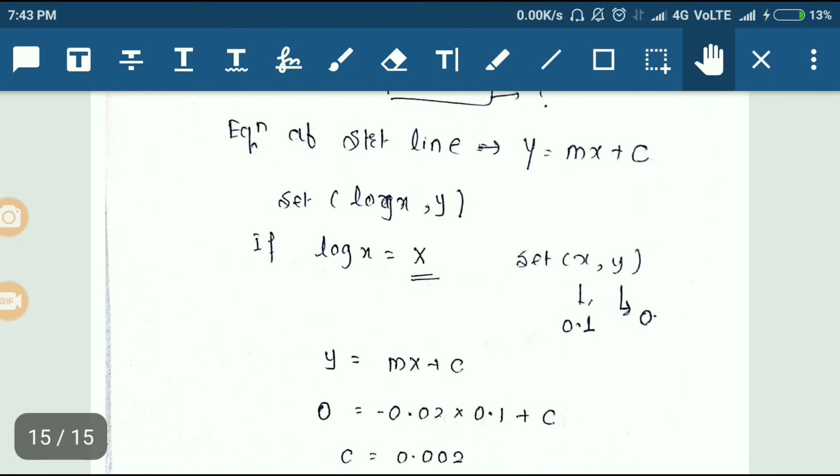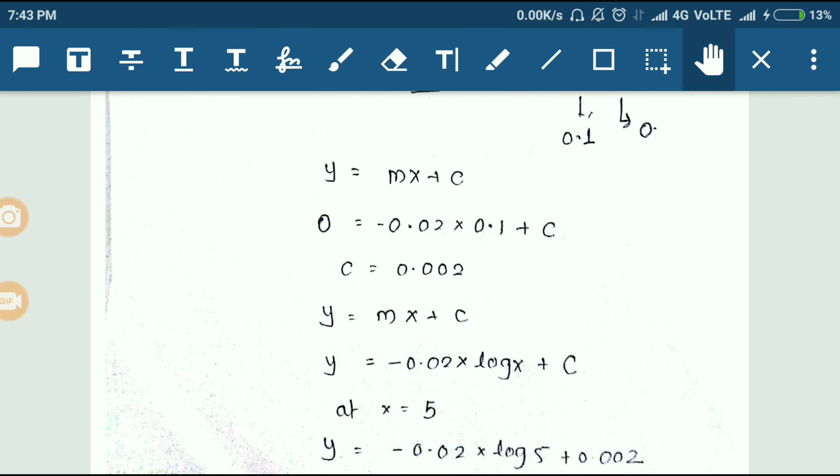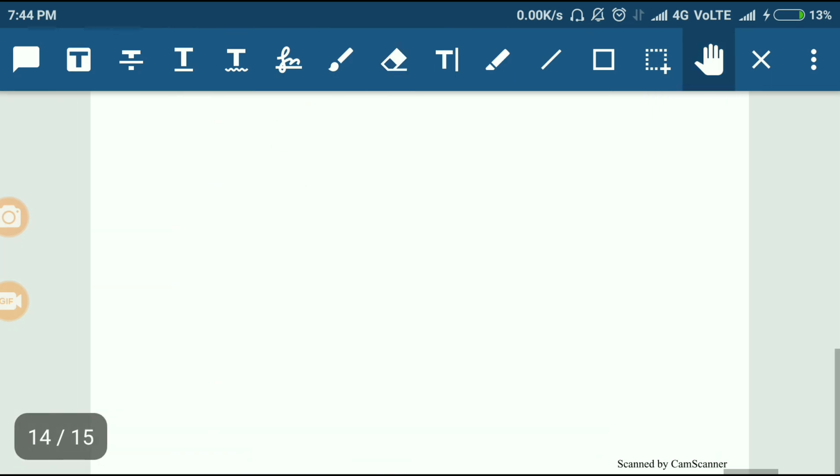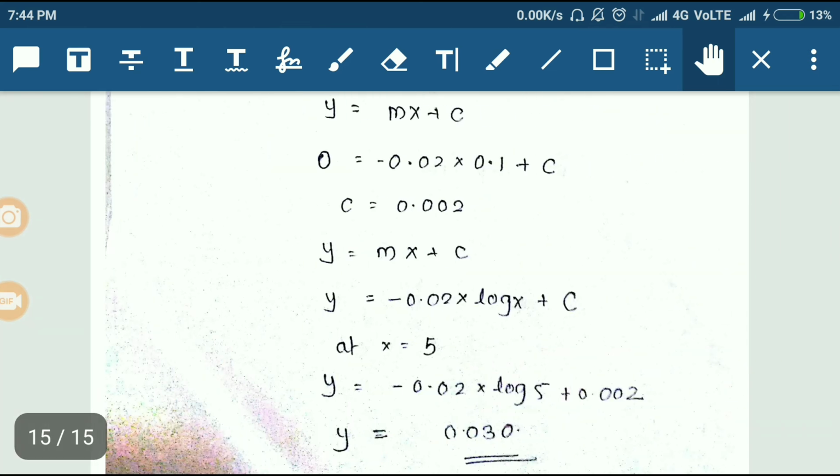From this we get the value of the constant, and since the constant would have the same value, using it we'll find the value of y at x equals 5. Similarly, by putting the value of slope, c and log 5, that is x, we get the value of y as 0.030.